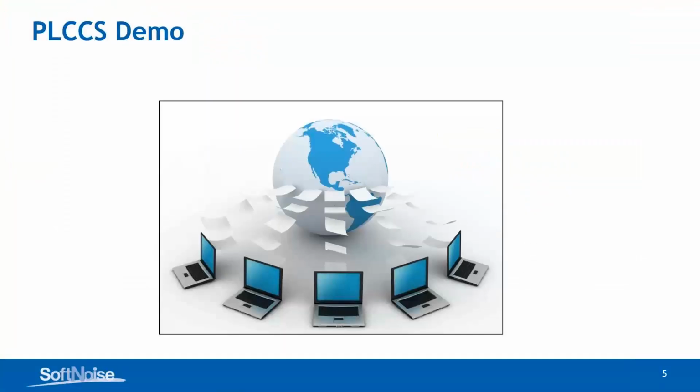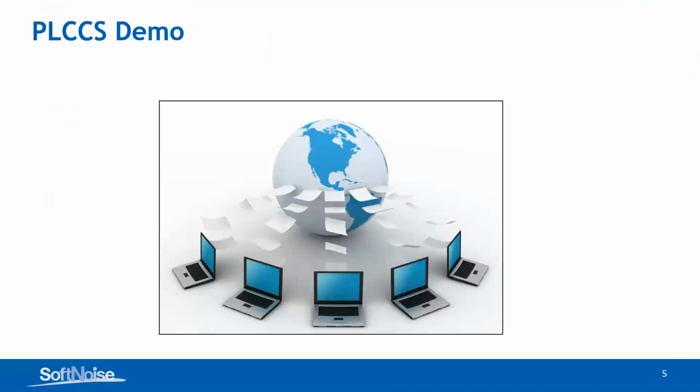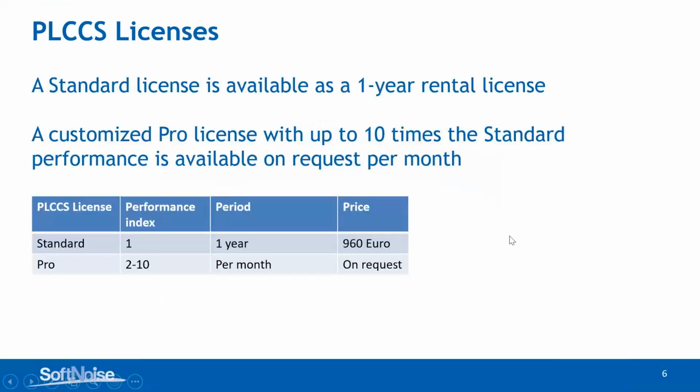If I switch back to my PowerPoint, it works really simple and convenient. If you look at the licenses, a standard license on the cloud calculation service is available as a 1-year rental license, and the costs are €960 per year, so it's a reasonable cost. You can also increase your performance up to 10 times the standard performance by requesting a customized Pro license.